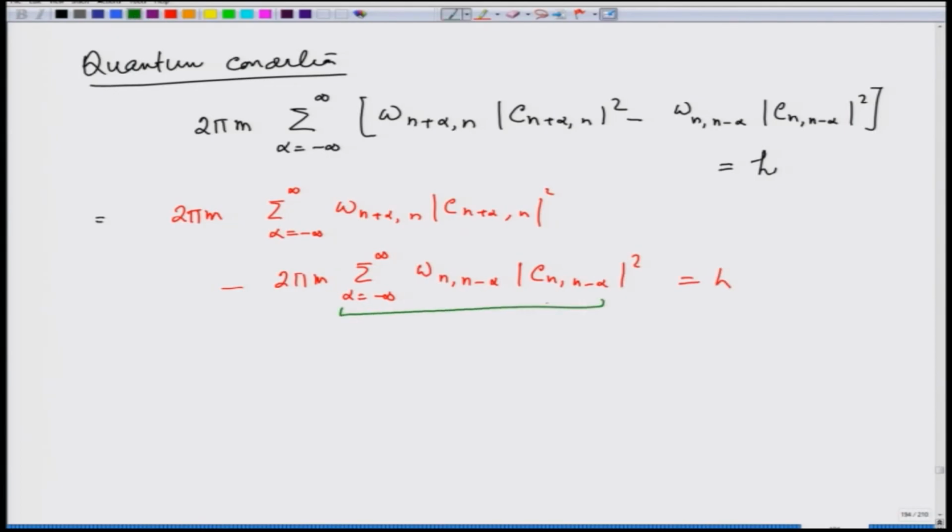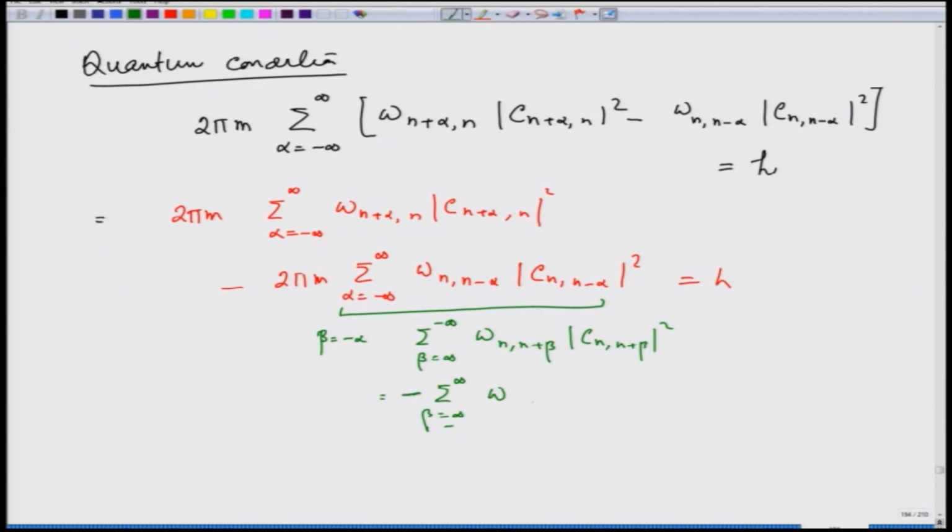In this term I am going to replace alpha by minus beta and write this as summation beta equals infinity to minus infinity, which is the same thing whichever order you run it in, omega n, n plus beta modulus c n, n plus beta whole square, which I can write as summation beta equals minus infinity to infinity omega, with a minus sign.